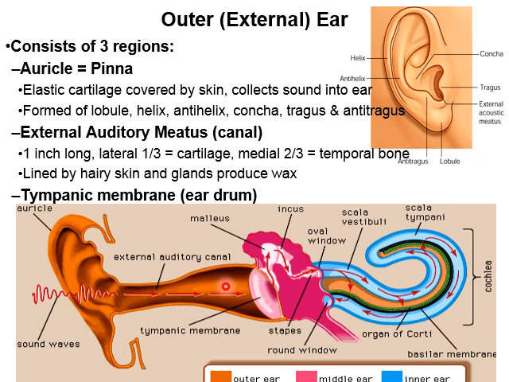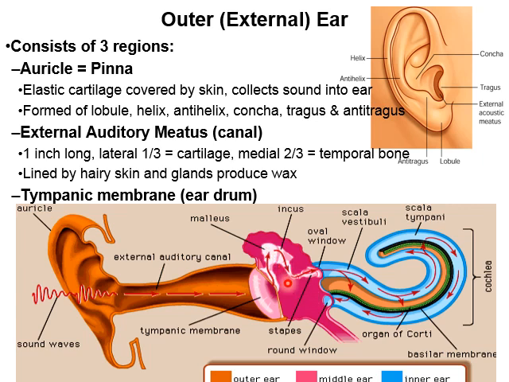The external auditory meatus is lined by skin. This skin is hairy skin. It has hairs and glands that produce the wax. Lastly, this is the tympanic membrane or eardrum. This eardrum separates the outer ear from the middle ear.